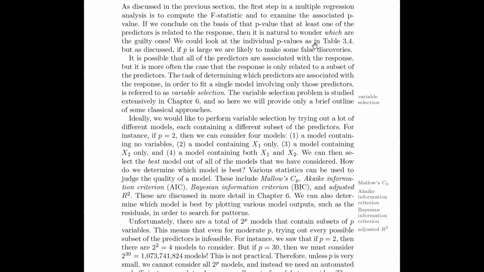We could look at the individual p-values as in table 3.4, but as discussed, if p is large, we are likely to make some false discoveries. It is possible that all of the predictors are associated with the response, but it is more often the case that the response is only related to a subset of the predictors.